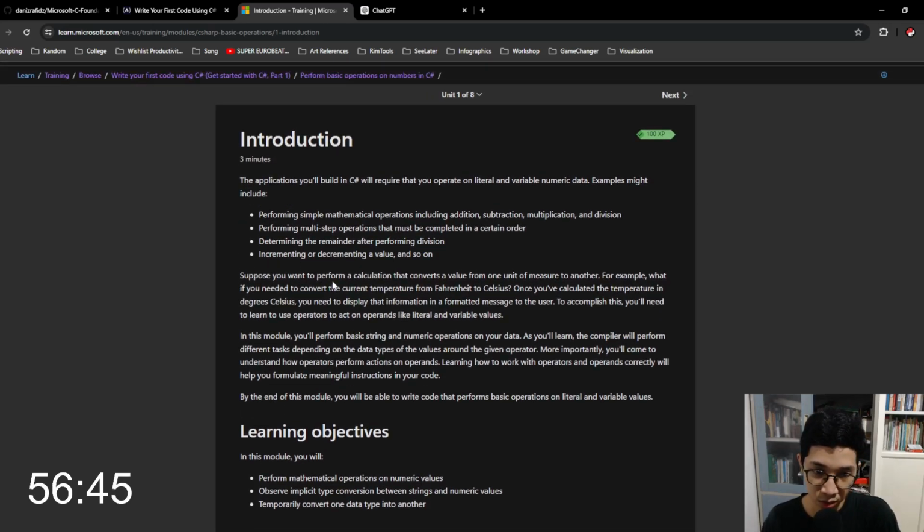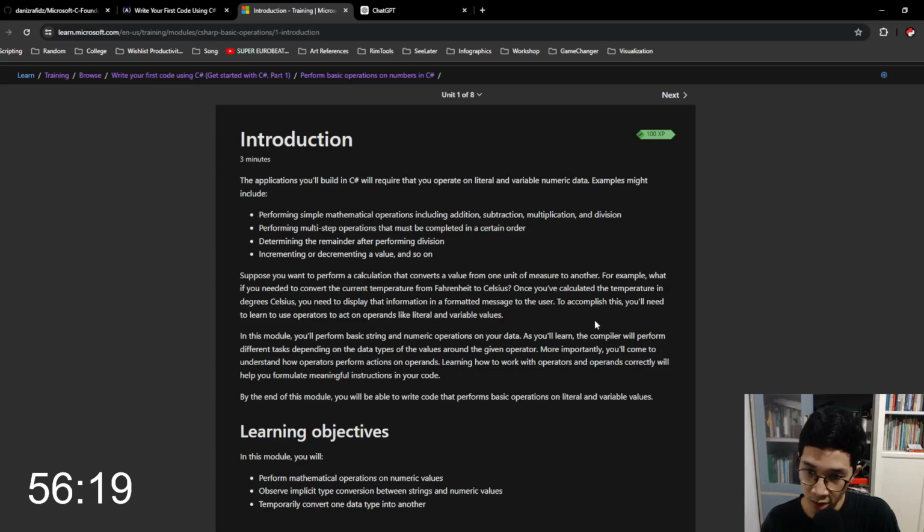Suppose you want to perform a calculation that converts a value from one unit of measure to another. For example, what if you needed to convert the current temperature from Fahrenheit to Celsius? Once you've calculated the temperature in degrees Celsius, you need to display that information in a formatted message to the user.